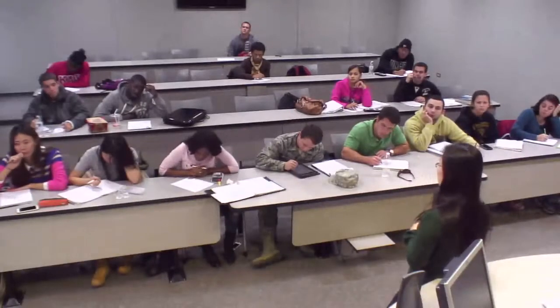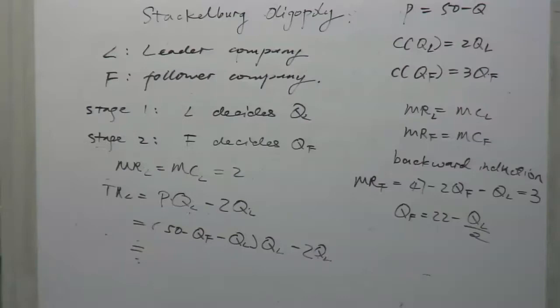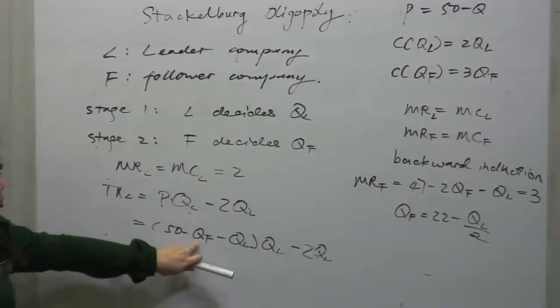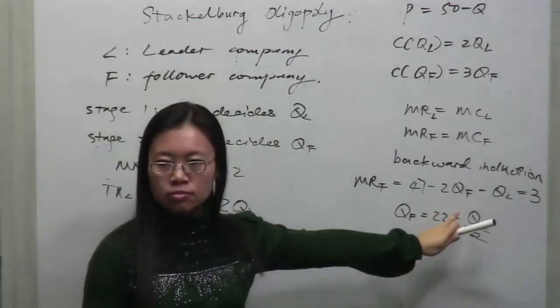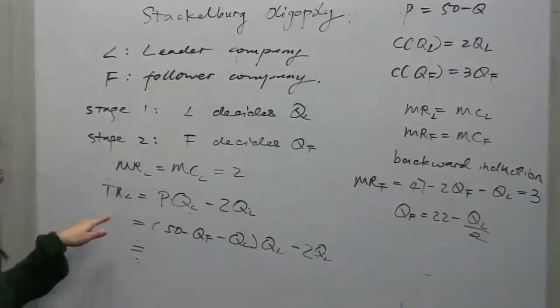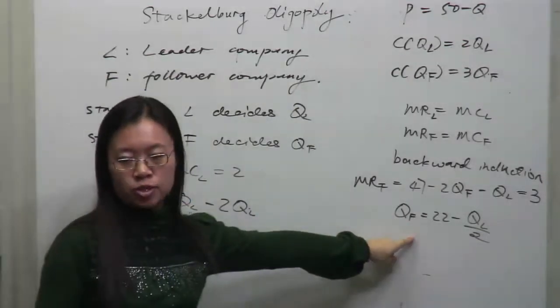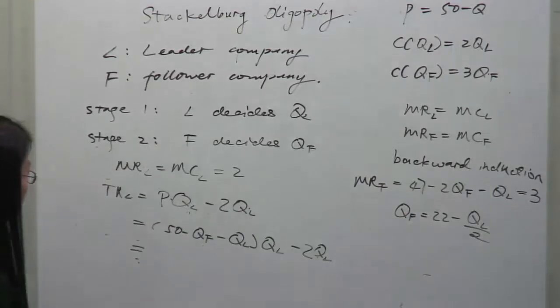So what he said is, now you're going to replace this QF with this. It makes sense, right? Because when the leader is making this decision, they know QF is going to follow this formulation, so they take that decision into consideration.